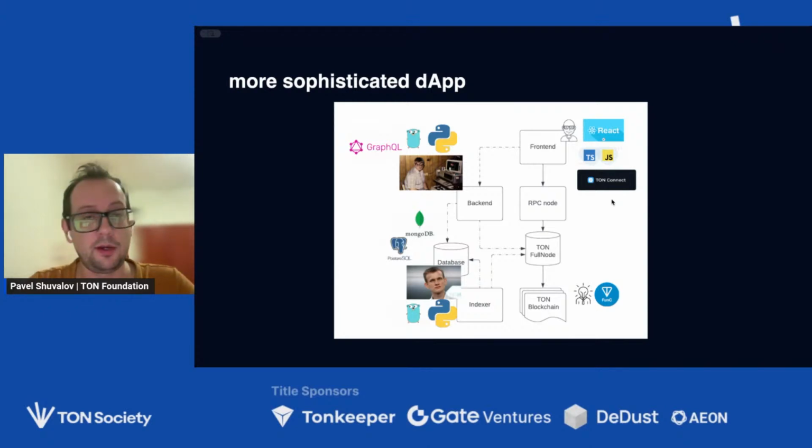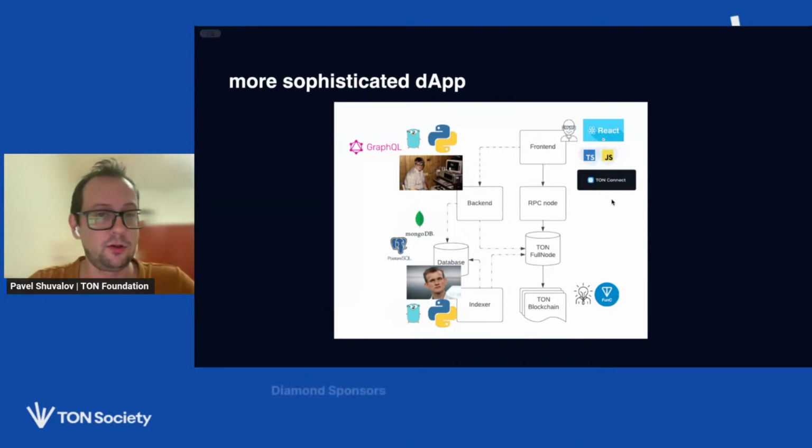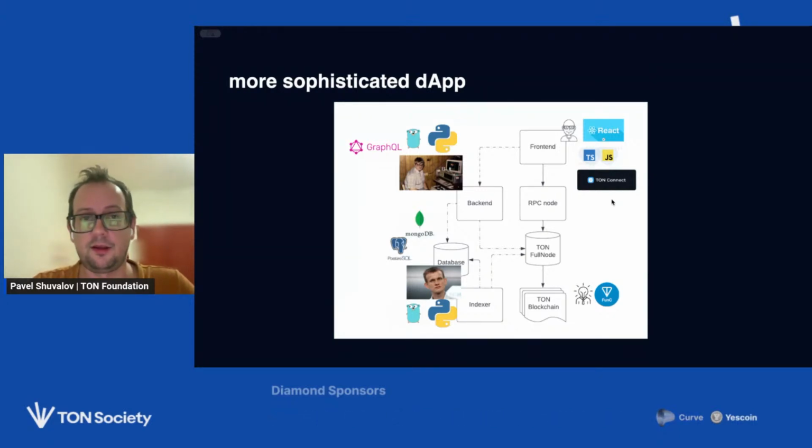We need database to store price history, to store whitelisted tokens, but in case of Web3 application, we also need some indexer to index data from blockchain and to ingest it to our database. And it is even more complicated than classical three-tier architecture.